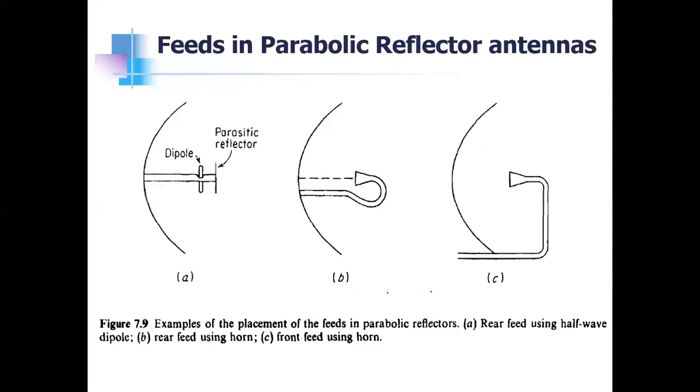You can also use a rectangular waveguide operating in the dominant mode TE10. But if you keep a rectangular waveguide here, it will not result in a perfectly symmetrical secondary pattern. So compared to a rectangular waveguide, a circular waveguide would be preferred as a feed at the focus of this reflecting surface. A rectangular waveguide is not preferred because the dimensions in the E and H planes are different, correct?